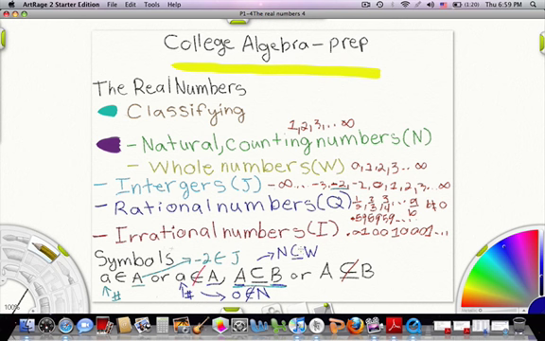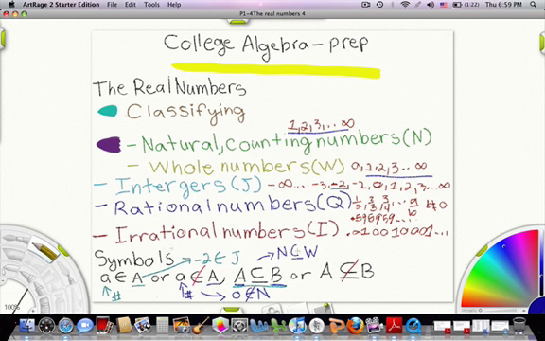We can check that answer by comparing the natural numbers with the whole numbers. We know that the natural numbers are 1, 2, 3, all the way into infinity, and we know that this member set is in this member set because these numbers are right here. So this is a true statement.